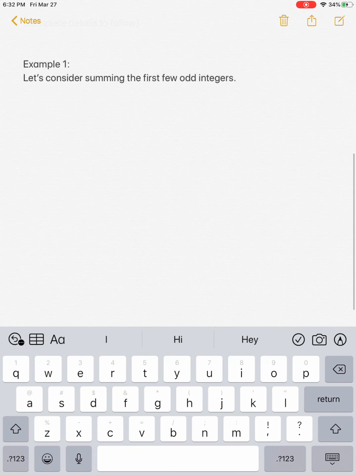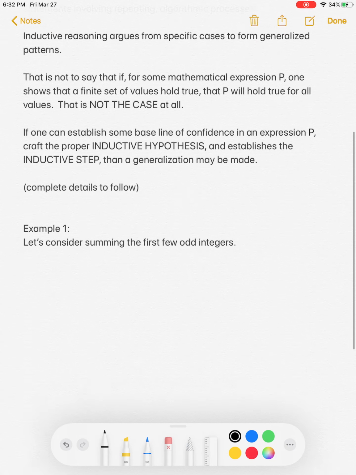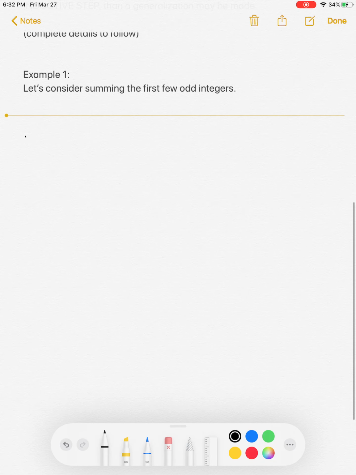Consider the example of summing up the first few odd integers. Let's say S1, the sum of one odd integer. We'll begin with 1. S2, summing the first two odd integers: 1 plus 3 equals 4.